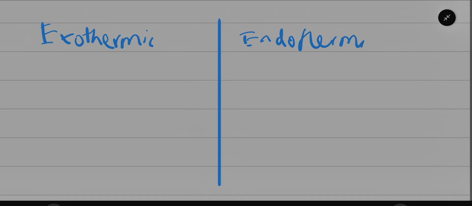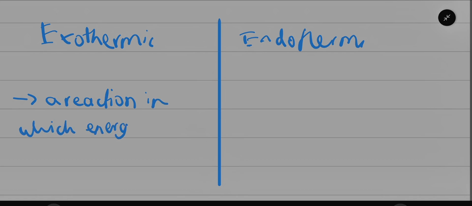Okay, so let's write down exothermic over here and endothermic over here, right? So what does exothermic mean? We talked about a reaction in which energy exits a reaction.